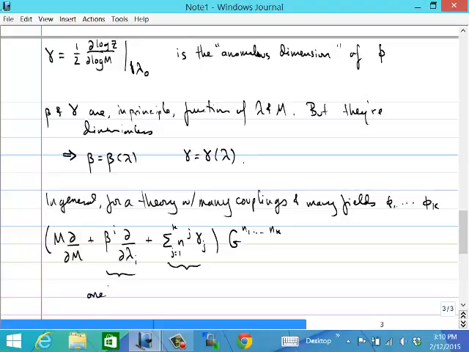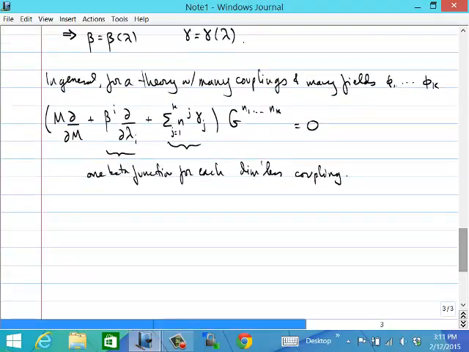So you have one beta function for each dimensionless coupling. And in fact, as we'll see hopefully at the end of class, you can also generalize this, if you think about it carefully, to theories with dimensionful couplings as well. So that's the general form of the Callan-Symanzik equation.